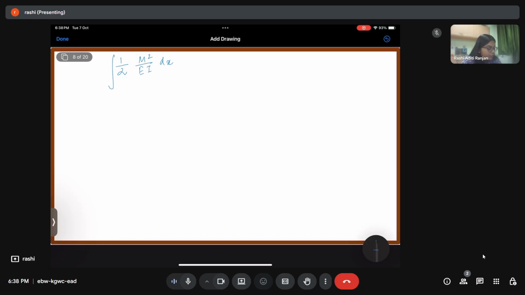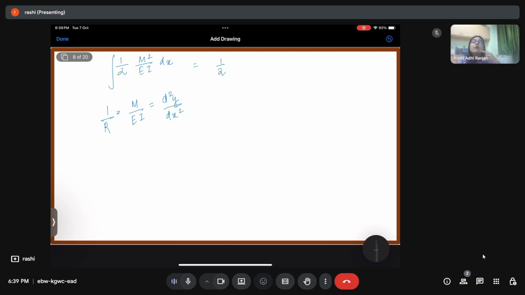We know that 1 by R is M by EI, and this is also equal to d square y by dx square.